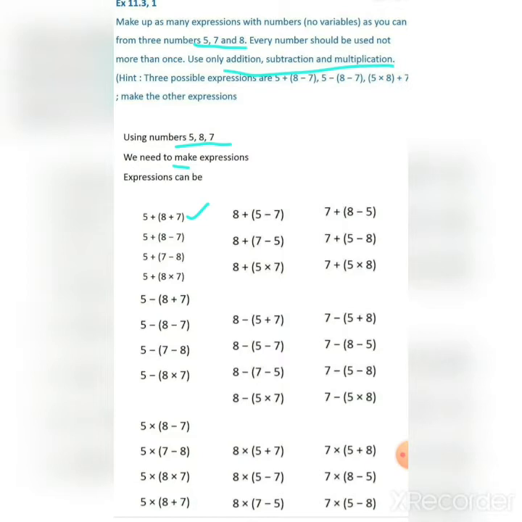Then in the second time we took minus. After 5 it was plus only, so 5 plus of 4 types. In bracket it is just changing 8 plus 7, 8 minus 7. Now reversing the order, that is 7 will come first and then 8, 7 minus 8, then 8 into 7. So multiplication also we have used here.